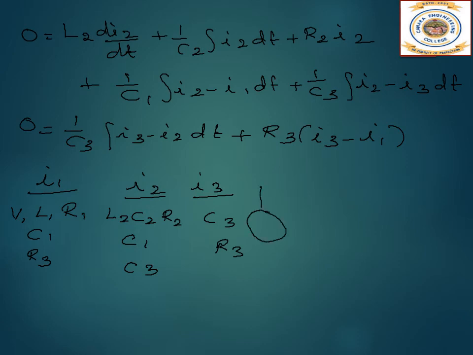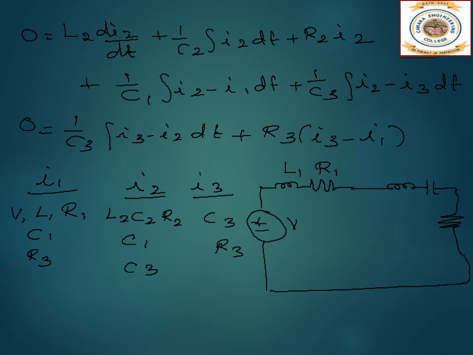So here we have the source V and L1 R1. So L1 R1 in loop 1. Then in loop 2 we have L2 C2 and R2. Now between loop 1 and loop 2 we have C1.